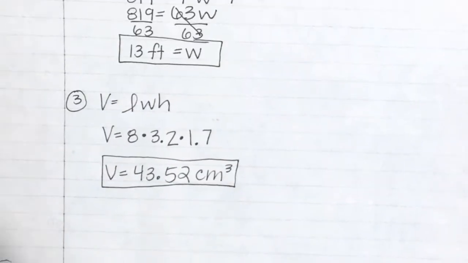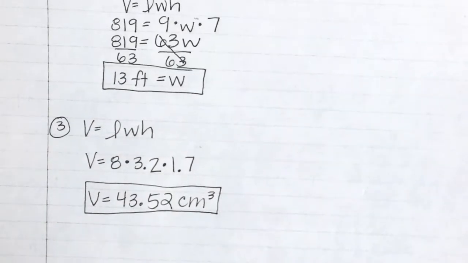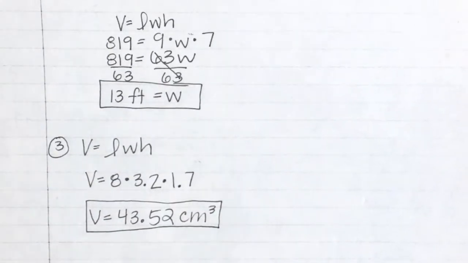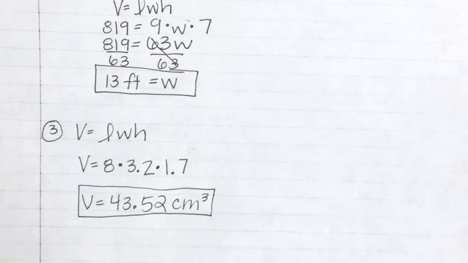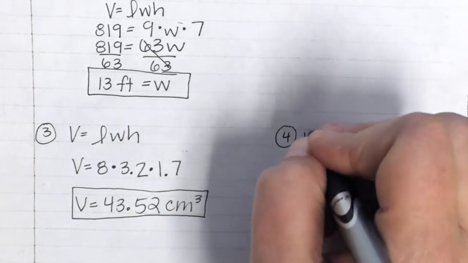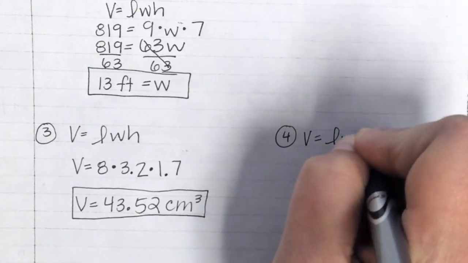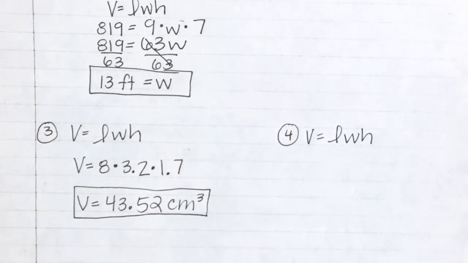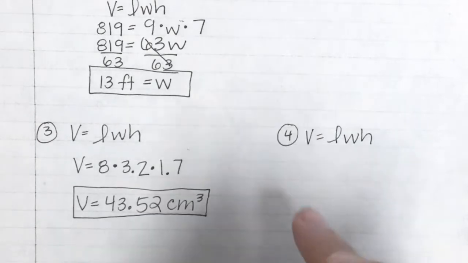Now, number 4. I think y'all are pros at finding volume when we've got all 3 measurements. It's when we're going the other way around. So, again, we're starting with volume is equal to length times width times height. Now think back to algebra, where if you know a value, you can plug that in. So what is our volume?